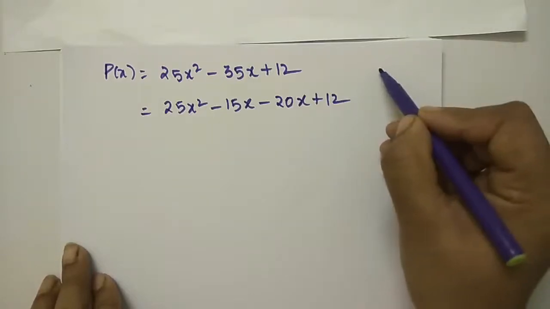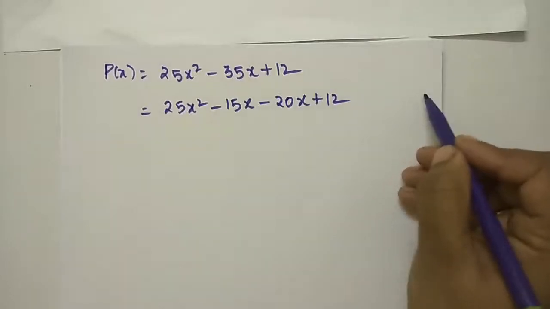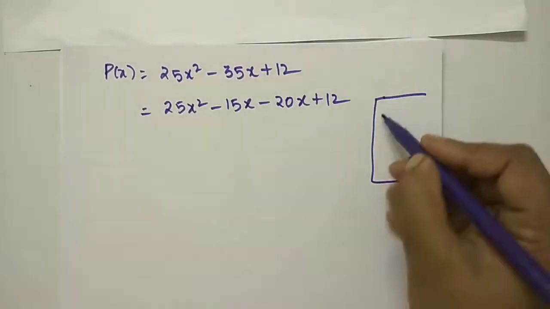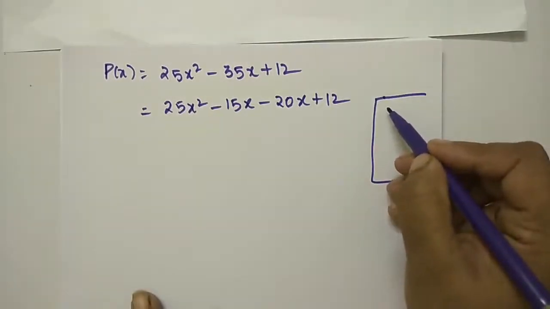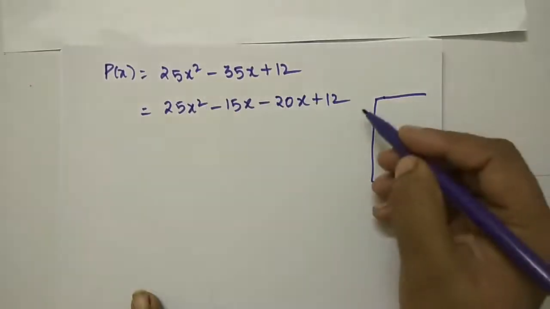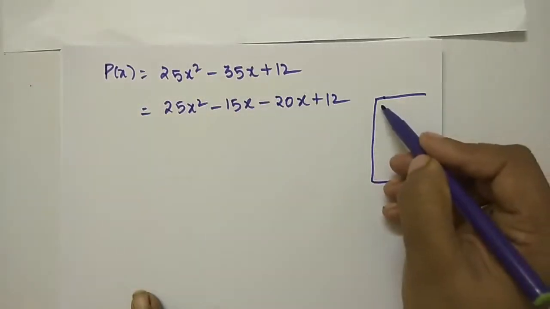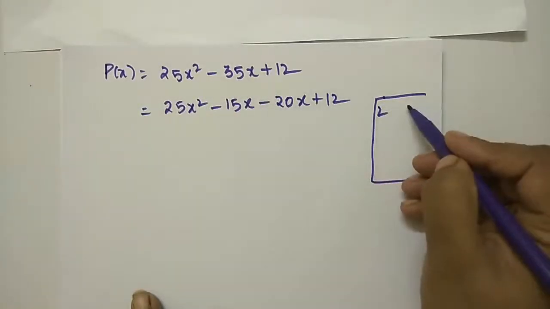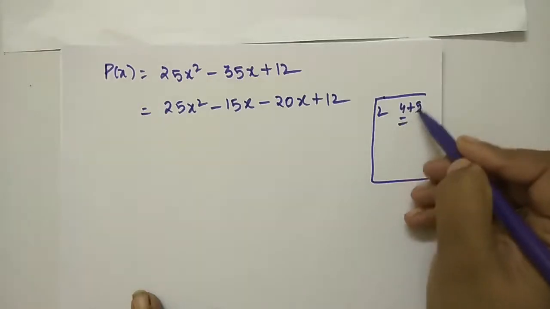25 into 12 is nothing but 300. I will explain how I got it by using the multiplication trick, which I explained in my channel.